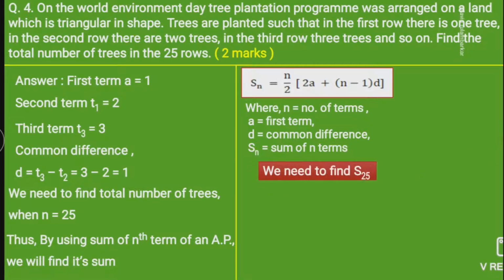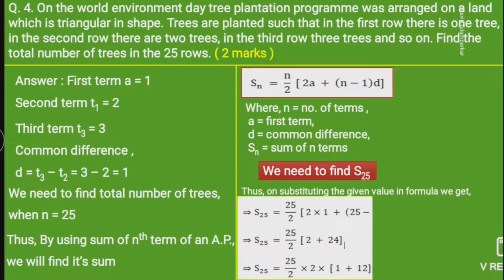So we substitute. We have to find value of S25. So we substitute the values. So we find S25, that means n equals to 25. So we replace this numerator n by 25.